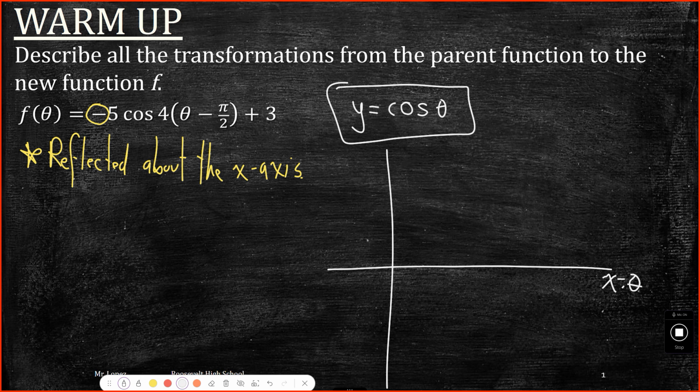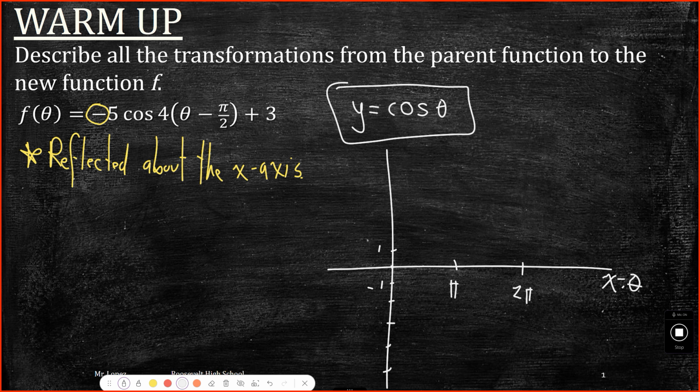Okay, so if I was to do it step by step, let's say this is pi, this is 2 pi, and this is -1 here, and now 1 here, 0.